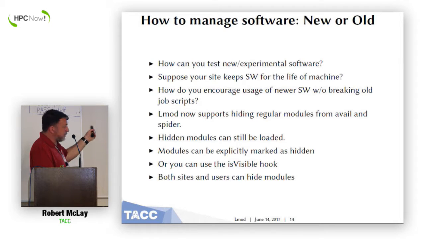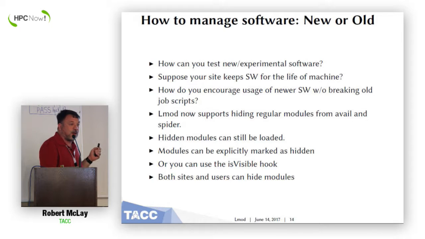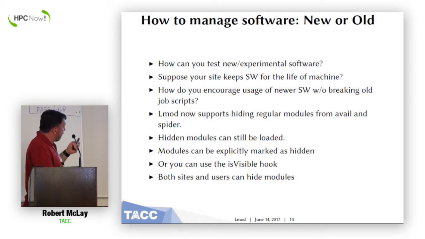There's a place where you can explicitly mark modules to be hidden, or there's now, thanks to a user of Lmod, an isVisible hook, so you can have a programmatic way to say, based on file name, location, or module name, okay, all these modules that are 2 years old are hidden. And both users and sites can hide modules from themselves.